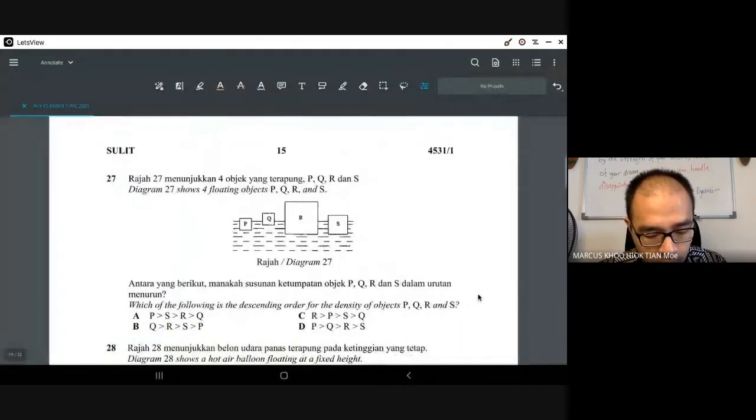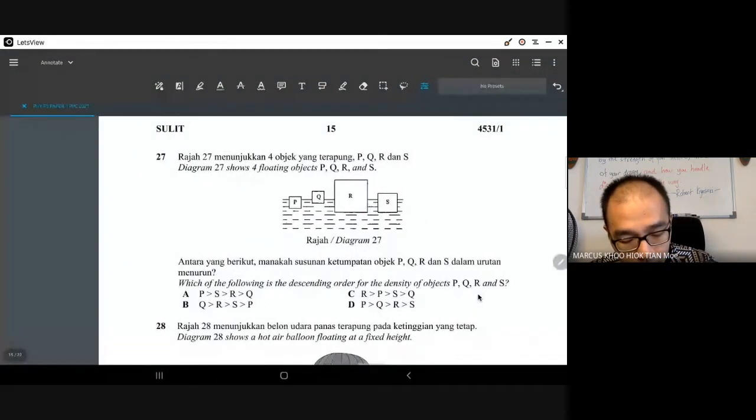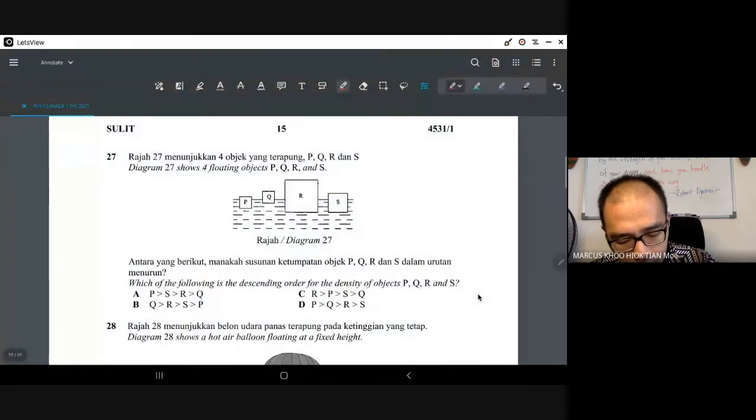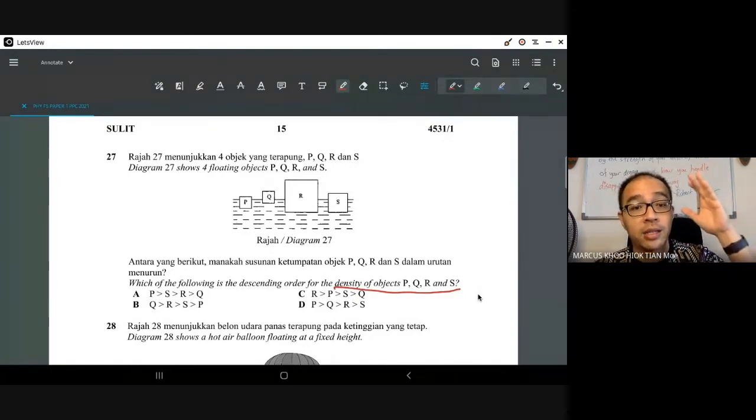All right. 27, floating objects P, Q, R, and S, which is the descending order for the density. This is a very common trick question. The descending order means which is the highest density until which is the lowest density lah. We want to take a look at the percentage of it that is in the water.